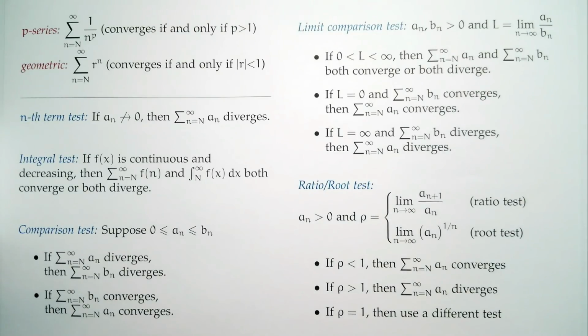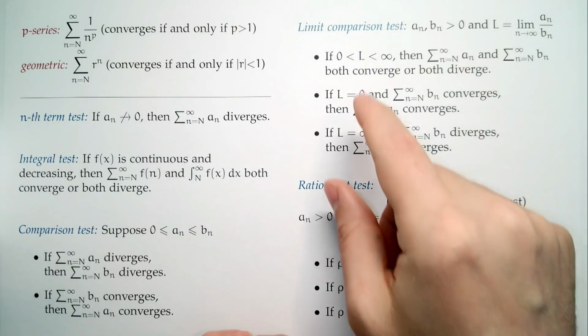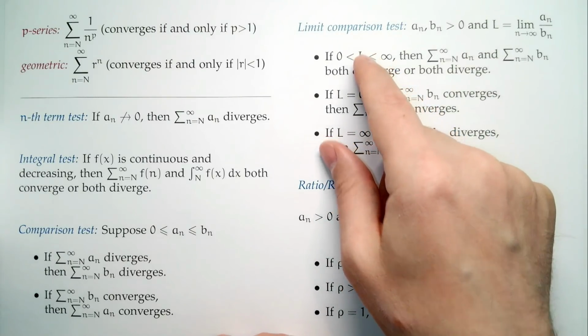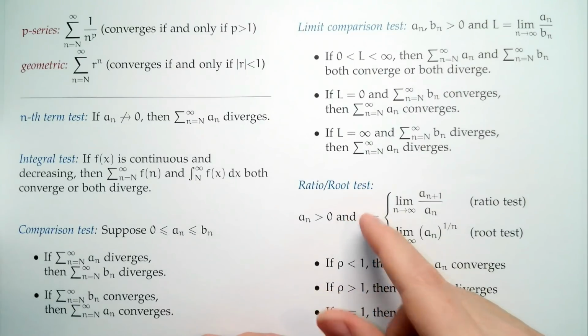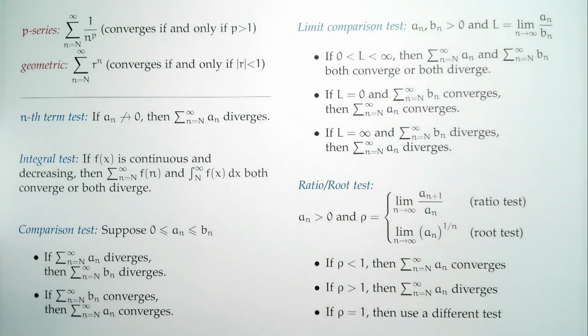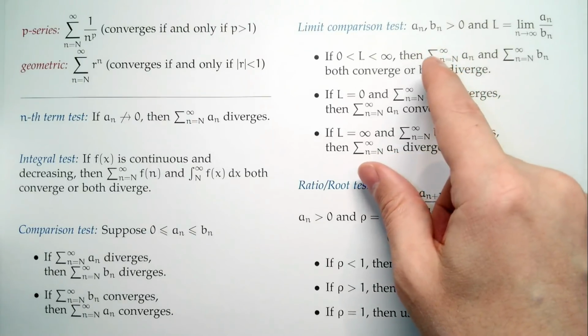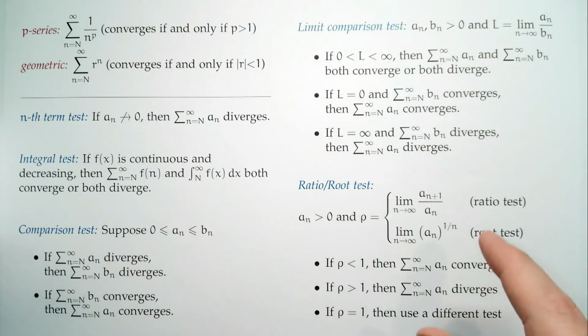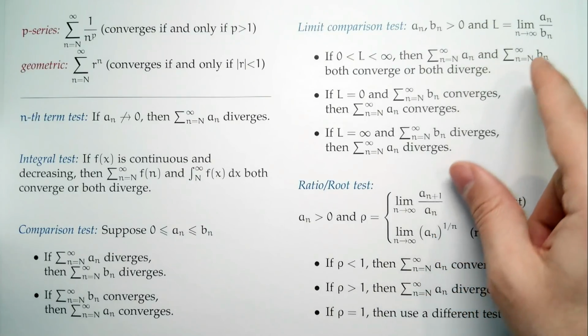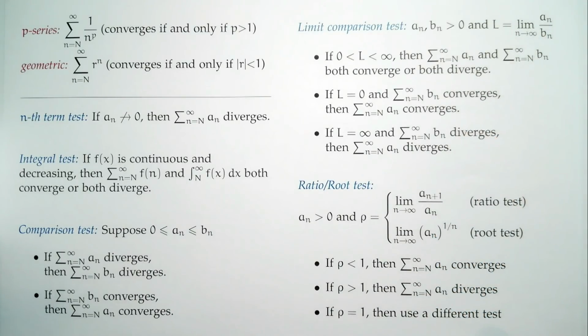Then we've got things which are a little bit more sophisticated, which is the limit comparison test and the ratio and root test, which both involve limits. In the limit comparison test, you have, again, two sequences. You want them to be positive, a sub n and b sub n, and you look at the limit as n goes to infinity of a sub n over b sub n.